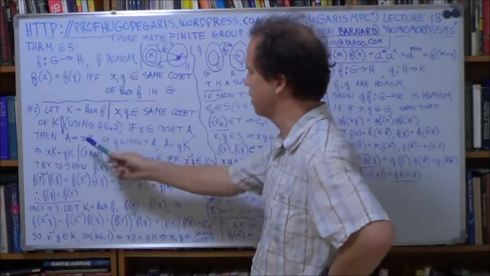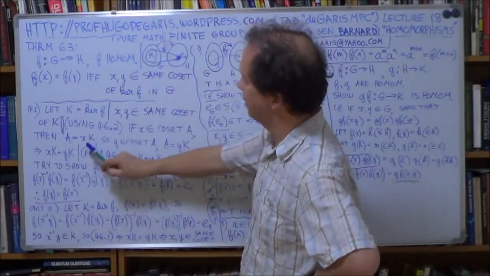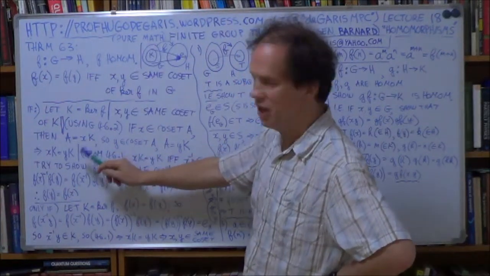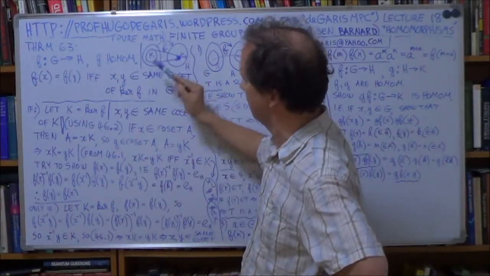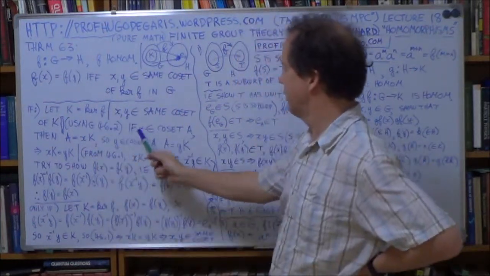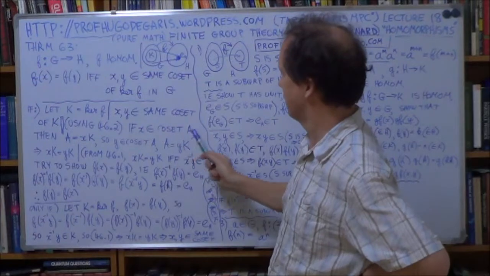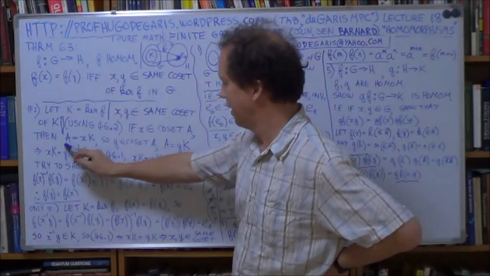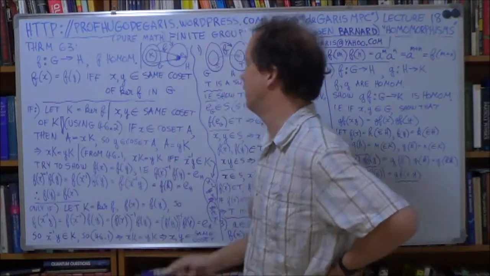Which one in this context? We're talking about kernels, so the normal subgroup here, instead of being just N, is K. It's a specific normal subgroup K. So if x belongs to some coset A, then A equals xK.